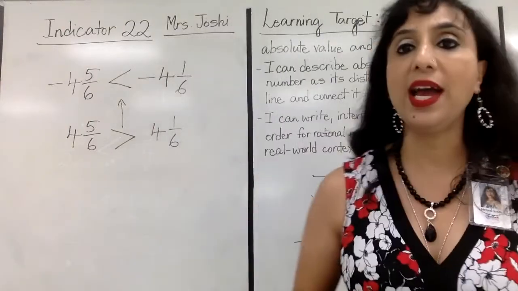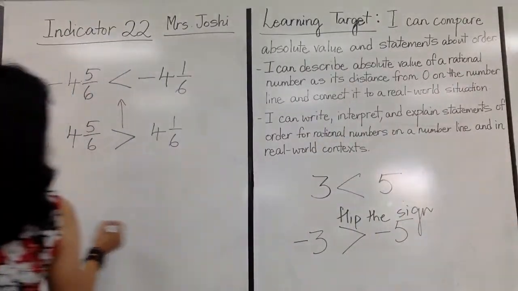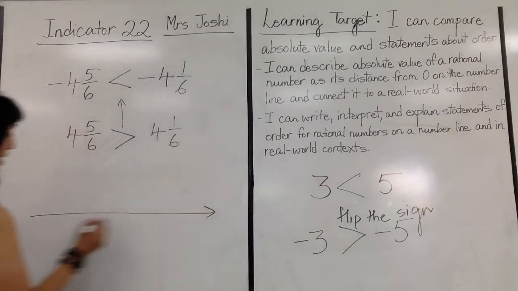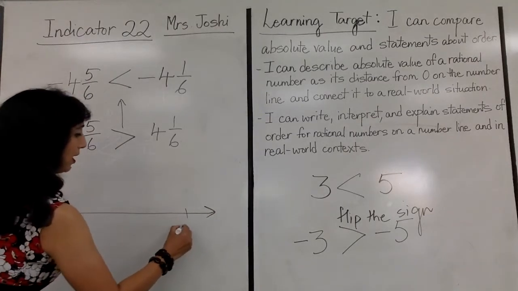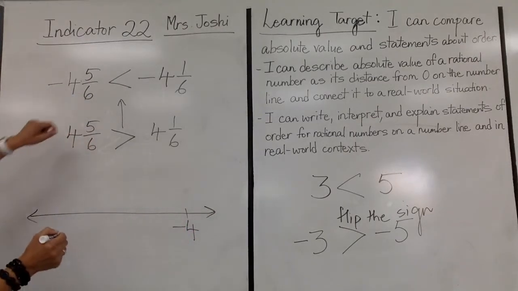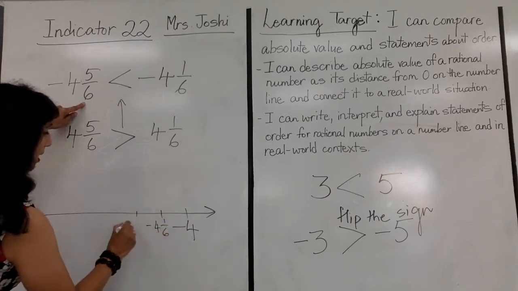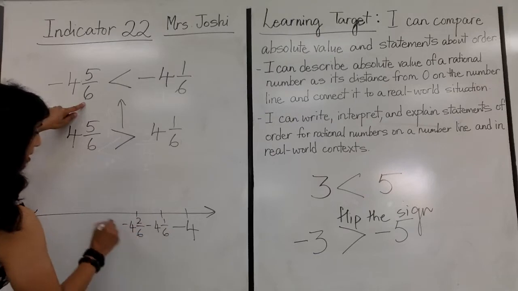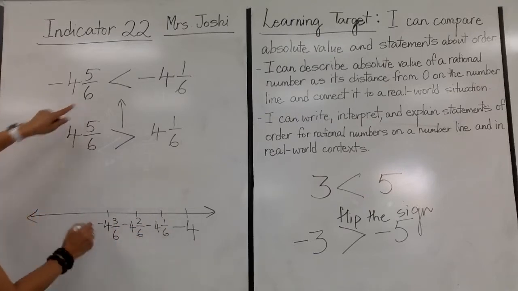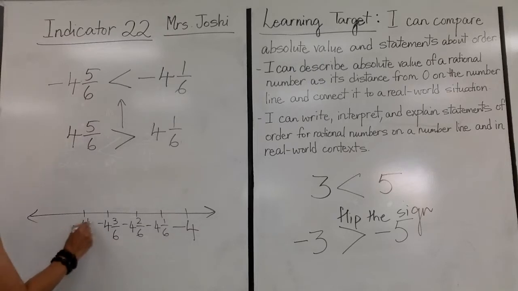Because when you put this on a number line, let's say this is -4, and then we have 6 parts. So this is -4 and 1/6, -4 and 2/6, -4 and 3/6, which is -4 and 1/2, -4 and 4/6, -4 and 5/6, and -4 and 6/6 becomes -5.